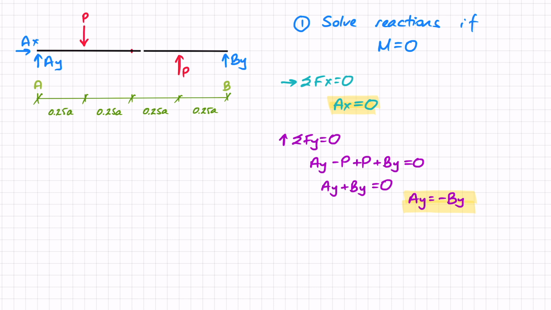And the last thing that I want to do is sum of moments. So let's do sum of moments around A equals 0. Now, if I recognize that this is a coupled force, which I do, they are always going to contribute the same moment, regardless if I'm at A or at B or any other point in my 2D plane. Therefore, I just know what this moment is.